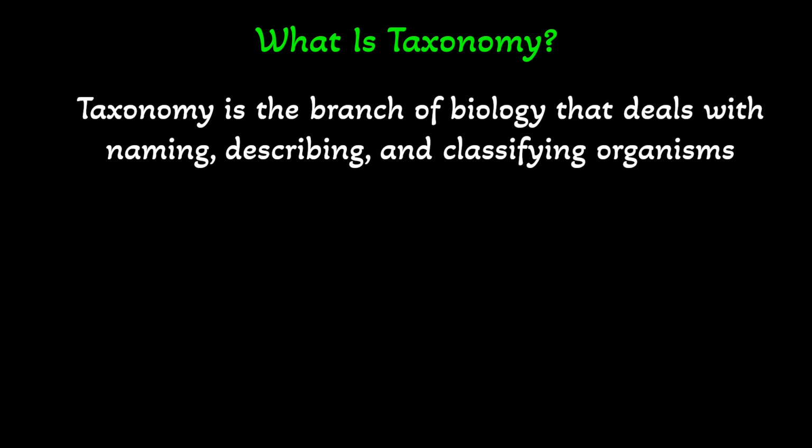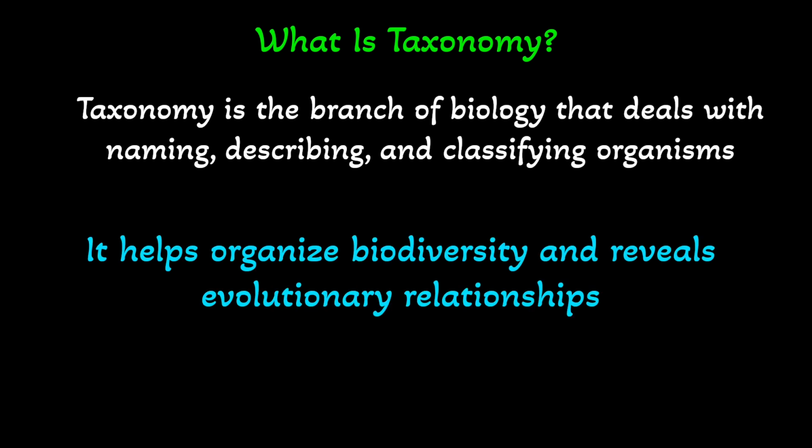So taxonomy is the branch of biology that deals with naming, describing and classifying organisms. And what is the role of taxonomy? If somebody asks you, first of all, it helps in the organization of biodiversity, the millions of species I told you about earlier. Besides organization, it will also shed light on evolutionary relationships.